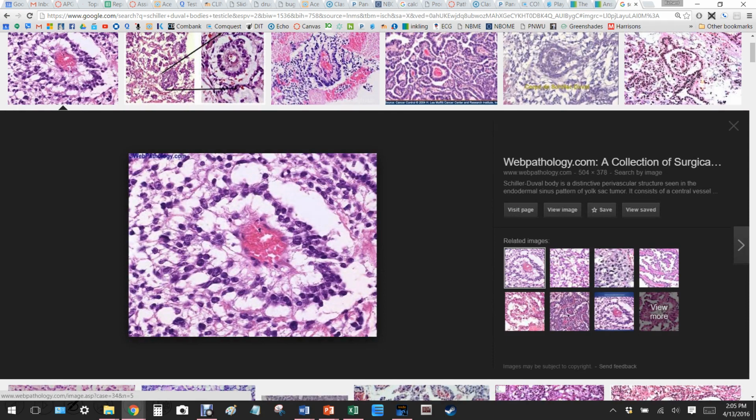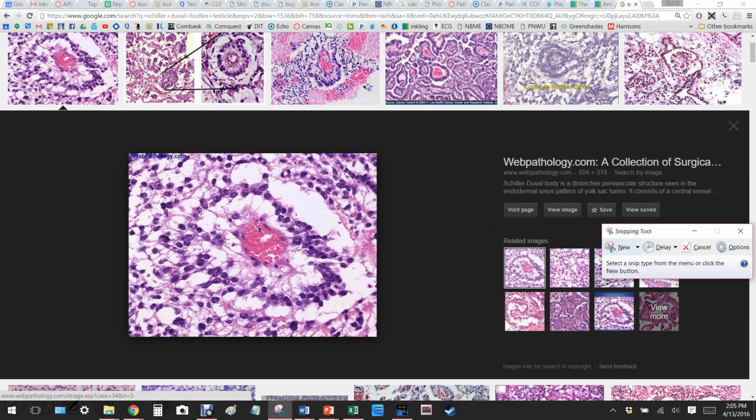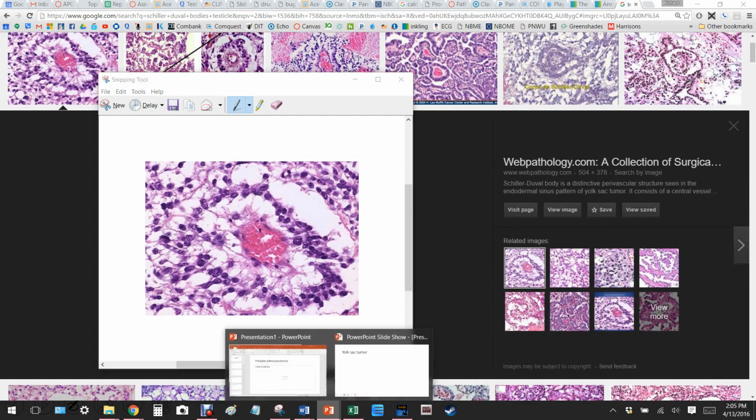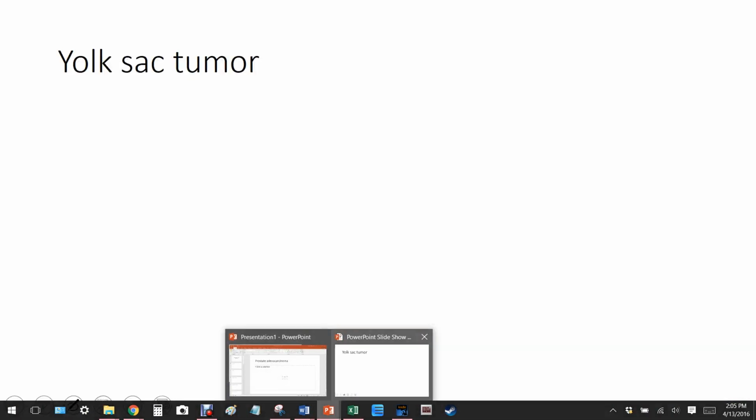Kind of see it, maybe, but okay. That's what it looks like. Okay, Schiller-Duval bodies. That's what we're seeing with this. So that's a really important feature of these yolk sac tumors.